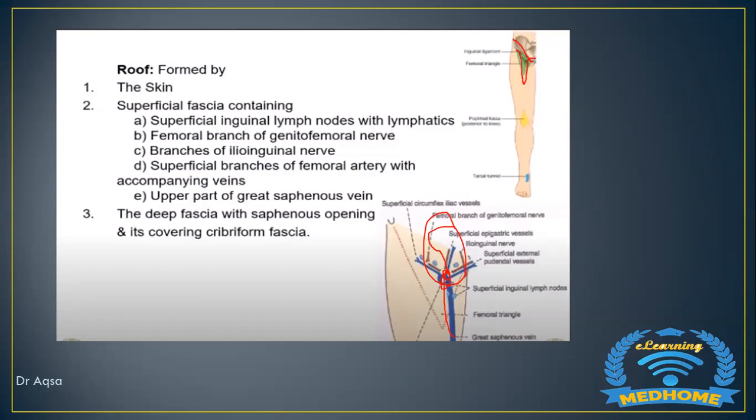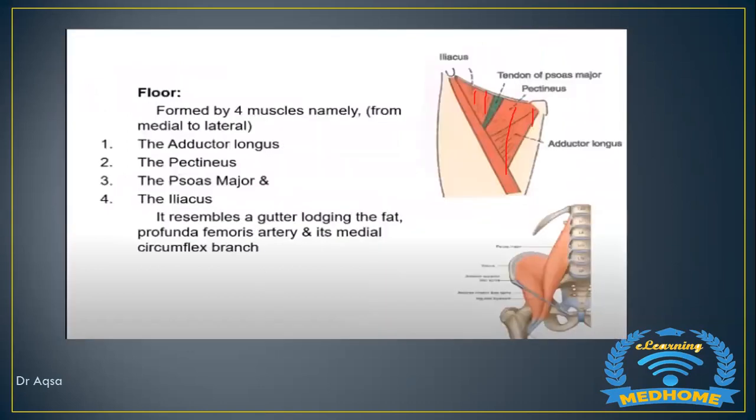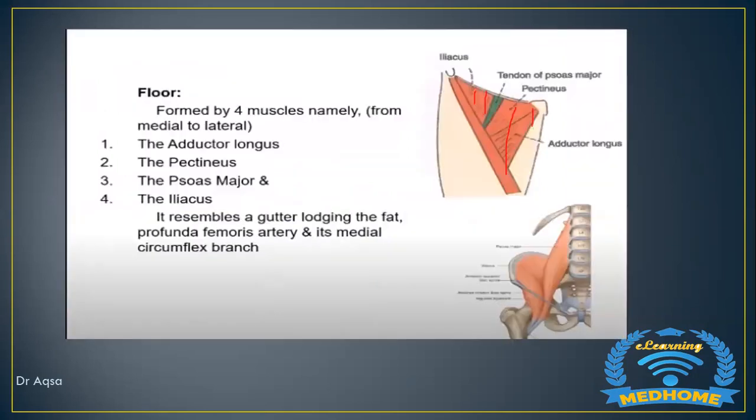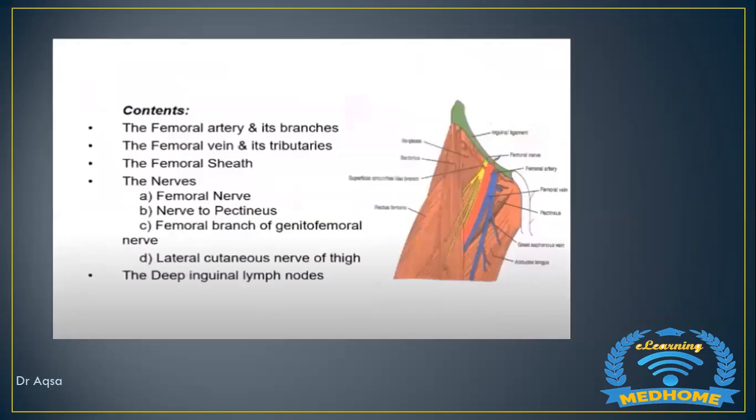The deep fascia has the saphenous and the cribriform fascia. While the floor is mainly formed by four muscles. If we call from the medial to the lateral, it will be the adductor longus, pectineus, the psoas major, and the iliacus muscle. Excellent.